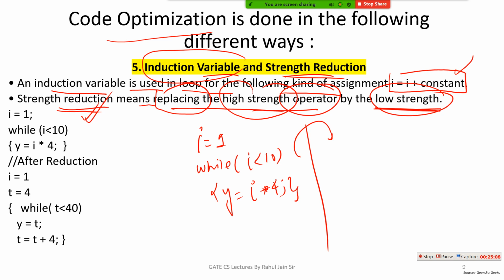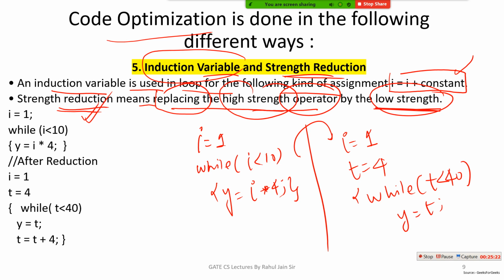After optimizing this code, I can write it like: I equals 1, t equals 4, and while t is less than 40, y equals t, and t equals t plus 4.